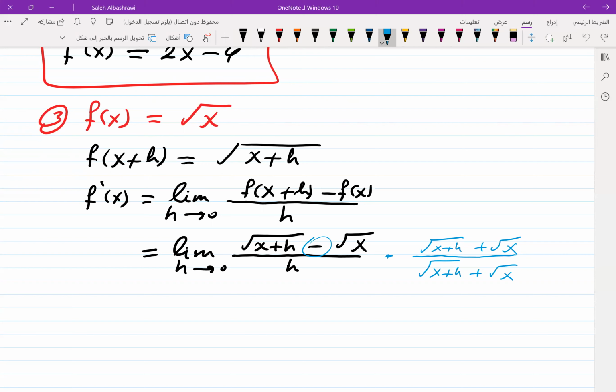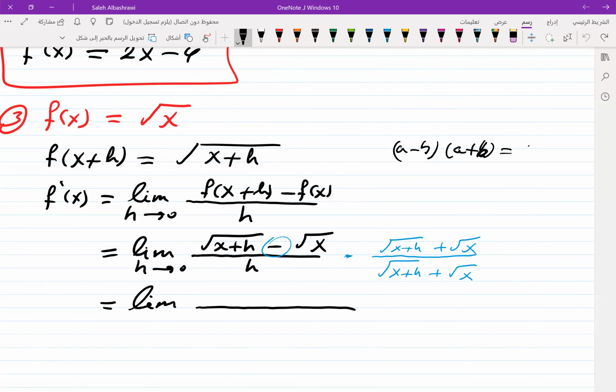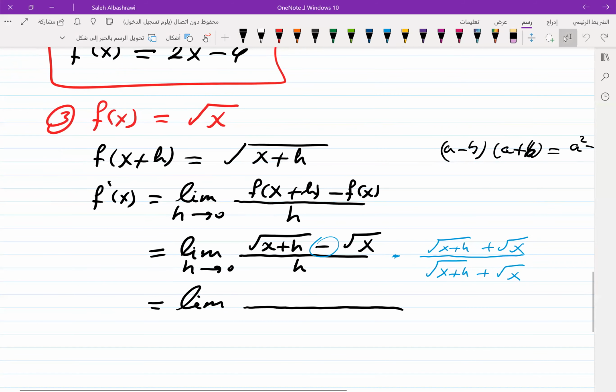Now multiply, we will have the limit of, this is (a minus b) multiplied by (a plus b), which is equal to a squared minus b squared. So it is the square of the first term minus the square of the second term.